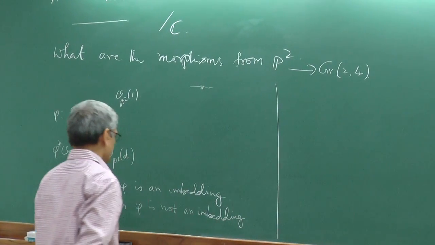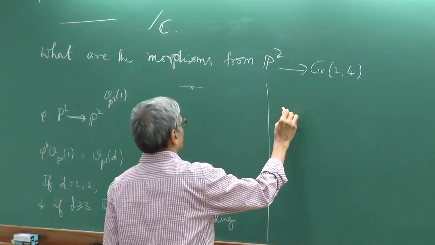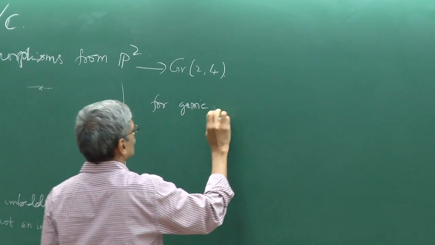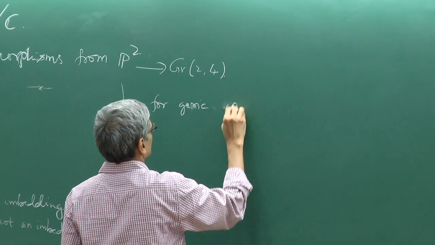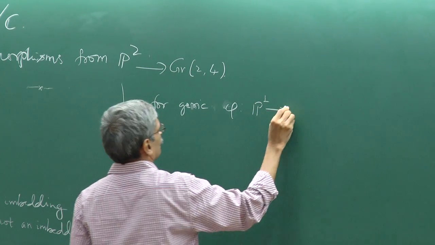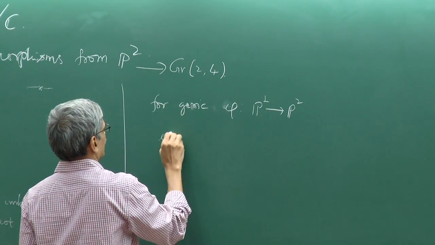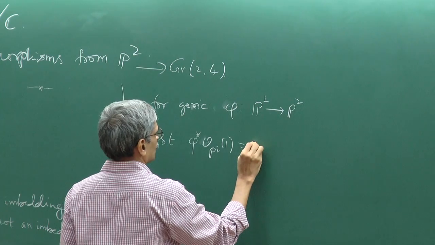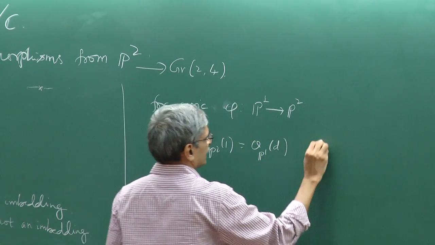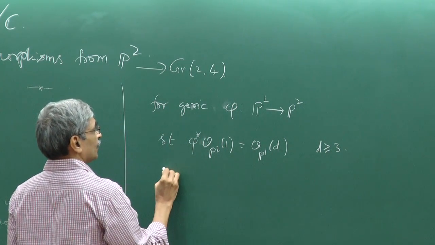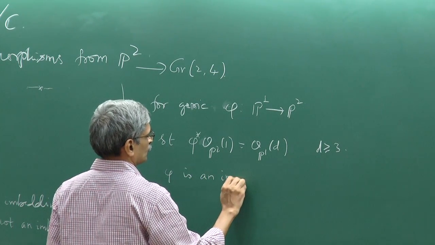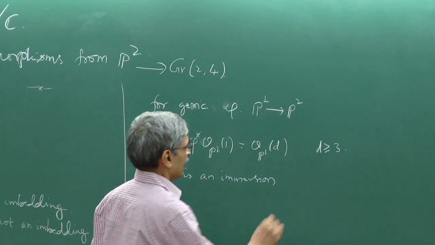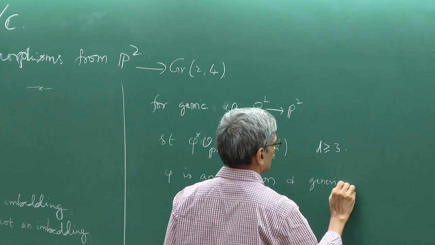But it is almost an embedding, in the sense that for a generic phi from P1 to P2 such that phi star of O_P2(1) is O_P1(d), with d greater than or equal to 3, phi is an immersion, and generically one-to-one.